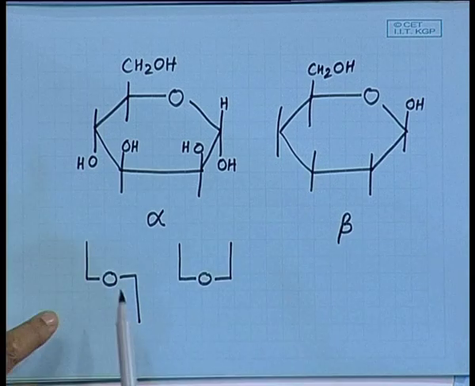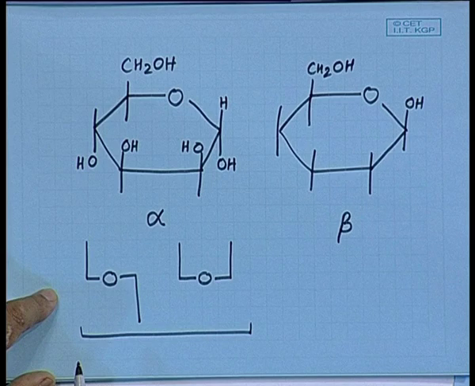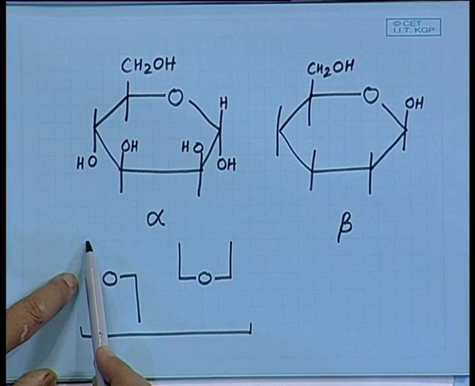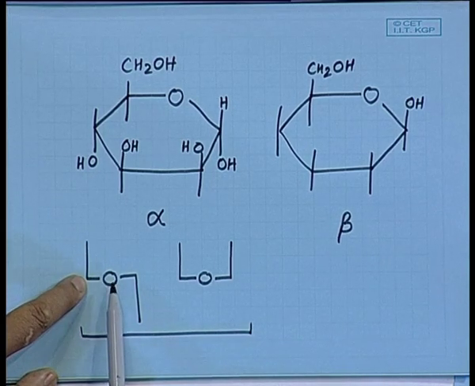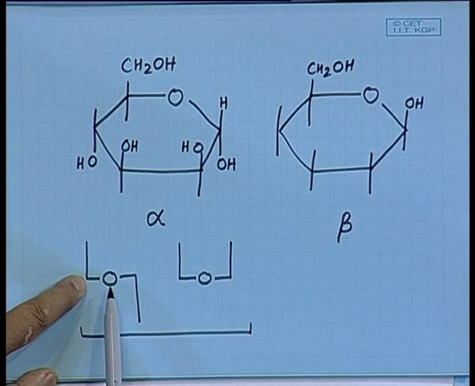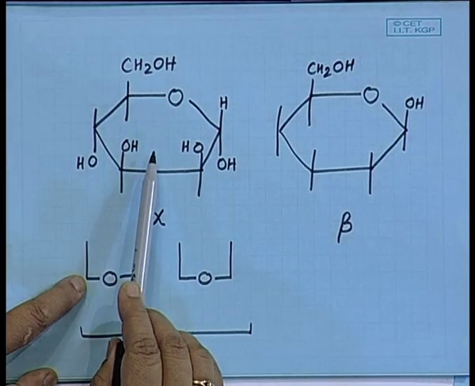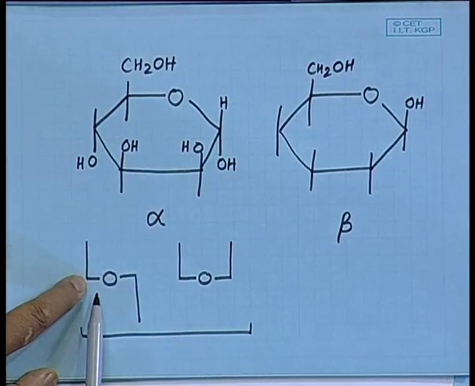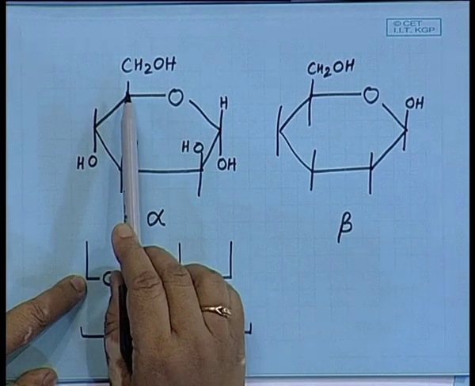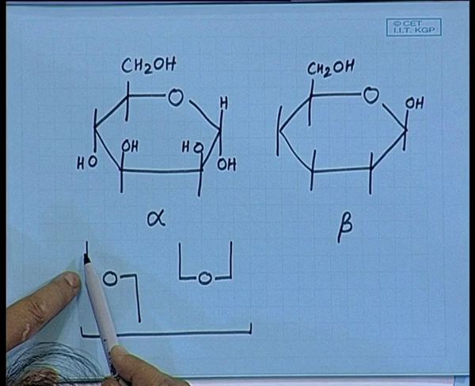Now, these are both alpha forms. Why? Because in both cases my OH is down. This O that is coming from the first monosaccharide unit is trans with respect to the CH2OH. That is why the direction is this way.